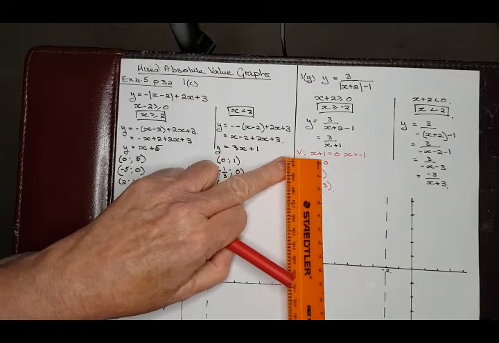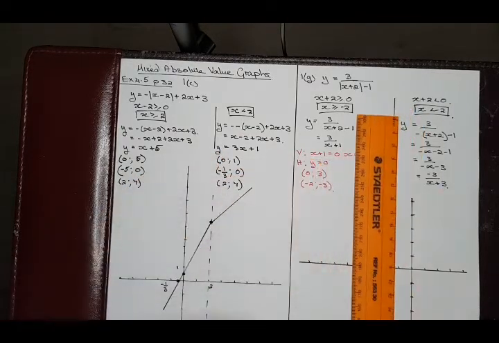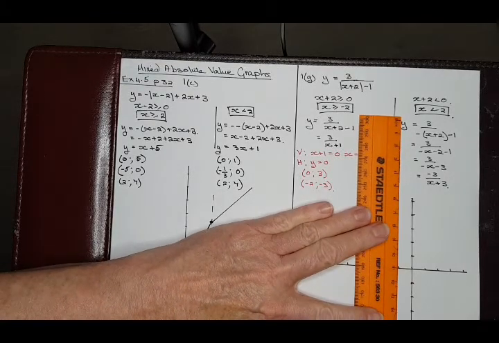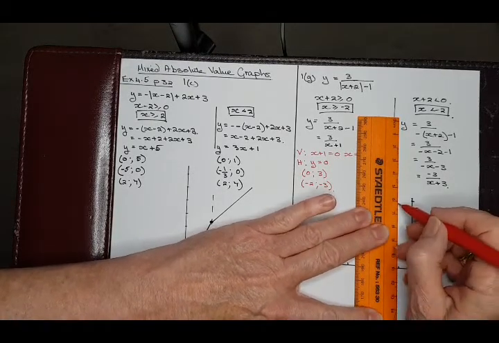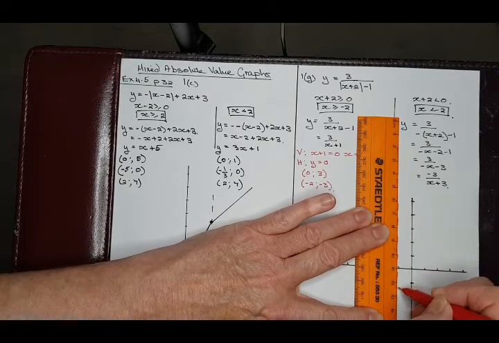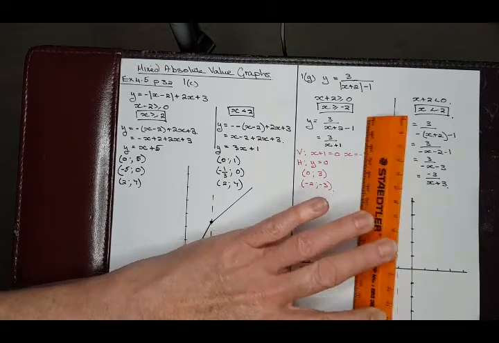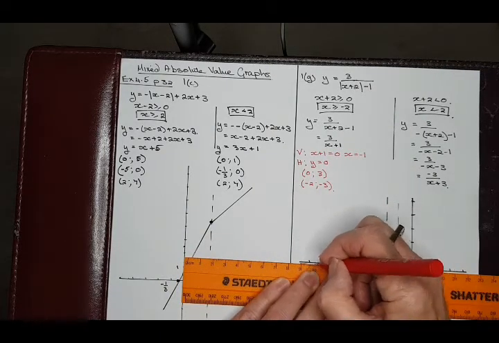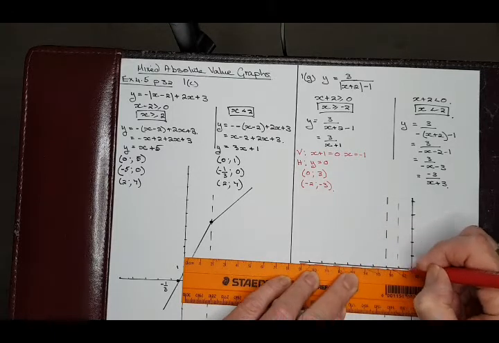Where is the asymptote for this particular graph? Well, the vertical asymptote is going to be here at x is equal to minus 1. Draw it in like that. My horizontal asymptote is going to be here on the x-axis, the equation y equals 0.